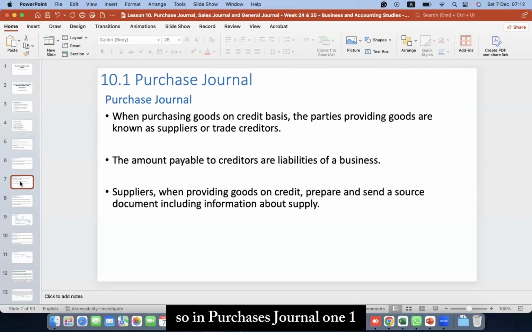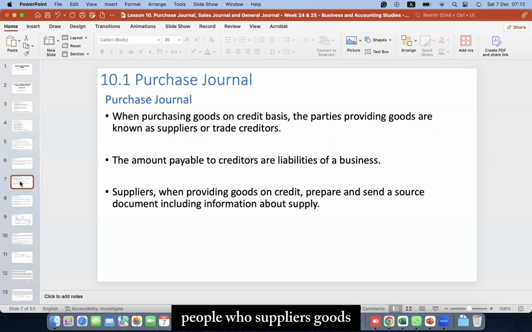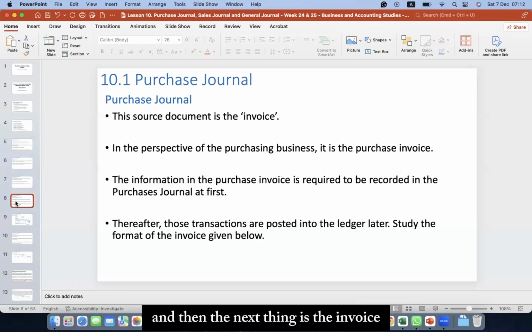Okay, so in the purchases journal, one thing we have is the purchases, and the next important thing we have is the creditors. People who supply us goods will be creditors, and these creditors are a liability to the business. And then the next thing is the invoice.